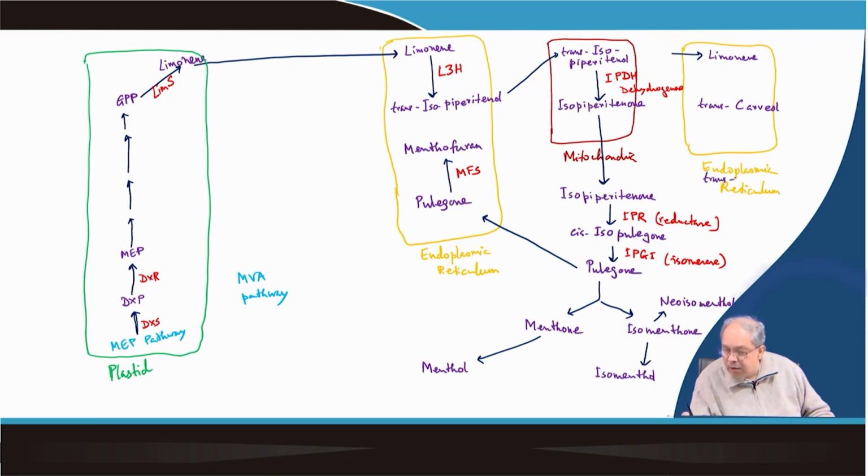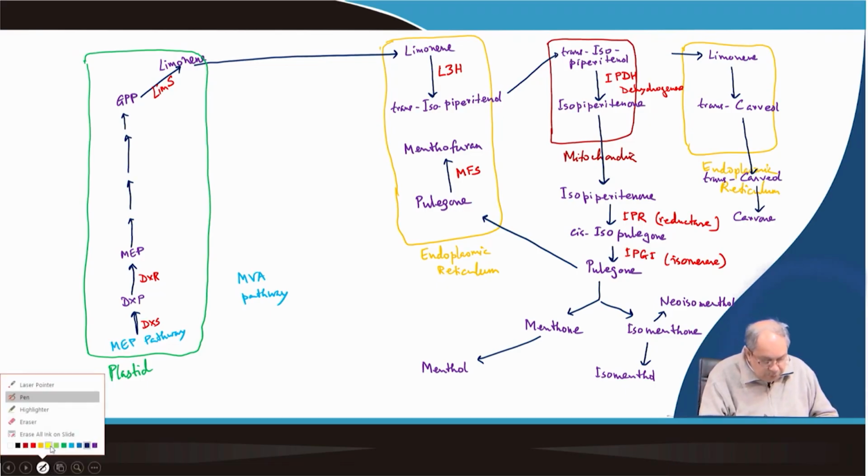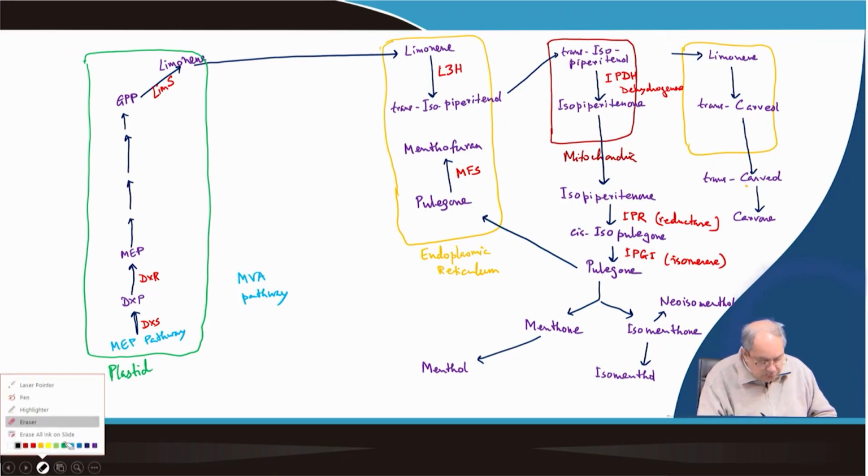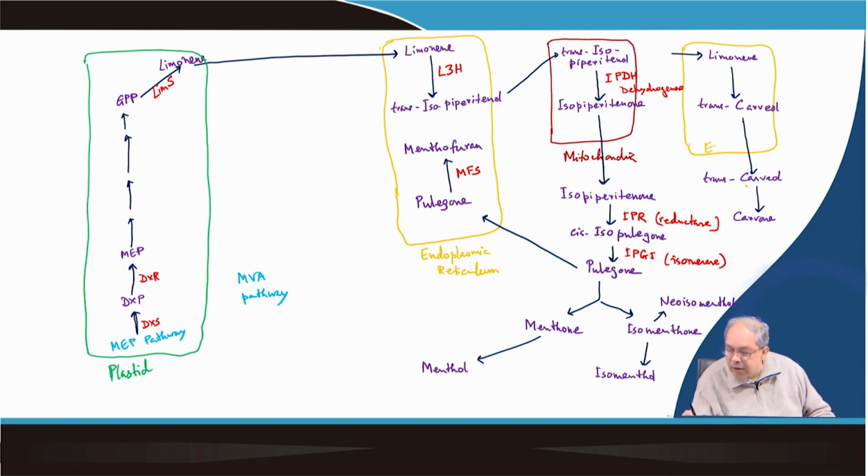And this trans-carveol will be converted into carvone. So, now I will add the arrow. So you should not be confused, therefore this endoplasmic reticulum I will remove from here. Instead, I will prefer to put it here inside.